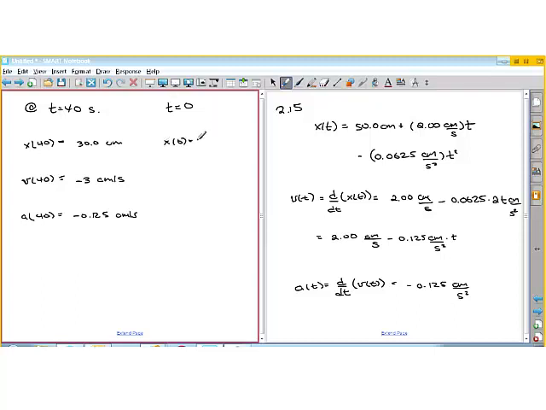At t equals 0, x of 0 equals 50 centimeters, v of 0 is 2 centimeters per second, and the acceleration at 0 is negative 0.125 centimeters per second squared.